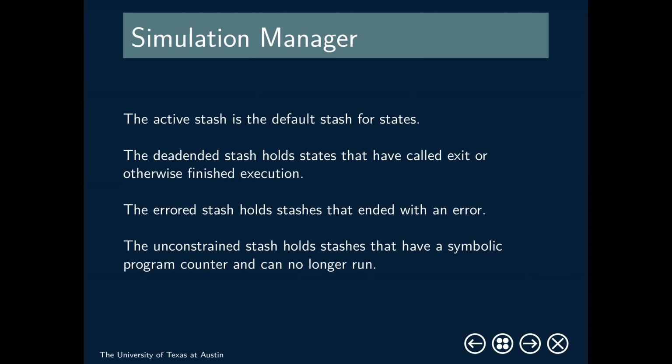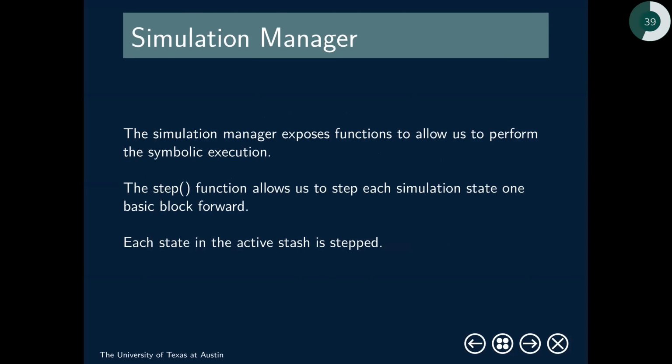So as far as actually doing our execution, the simulation manager exposes a few functions that allow us to perform the symbolic execution. So the first one is the step function, which just steps every active state one basic block forward.